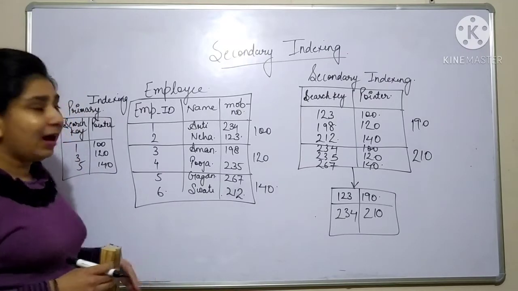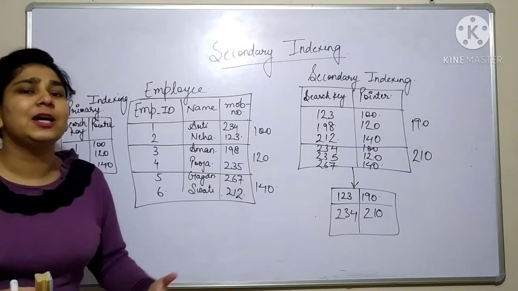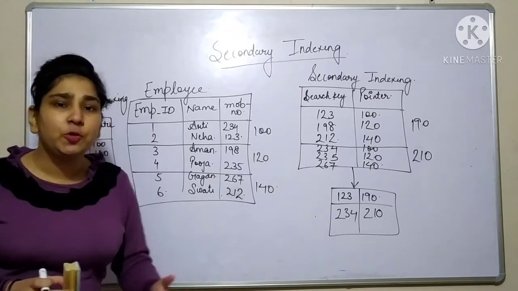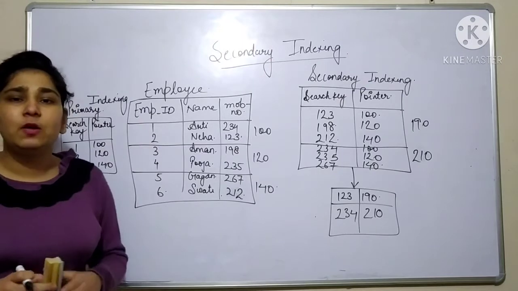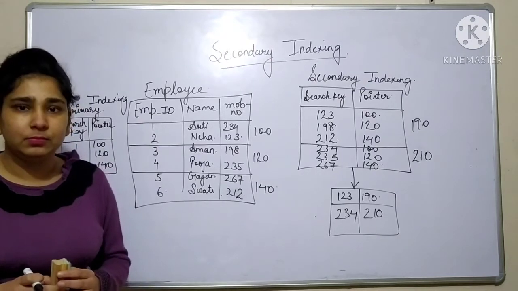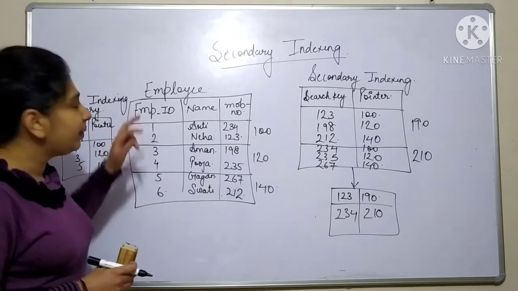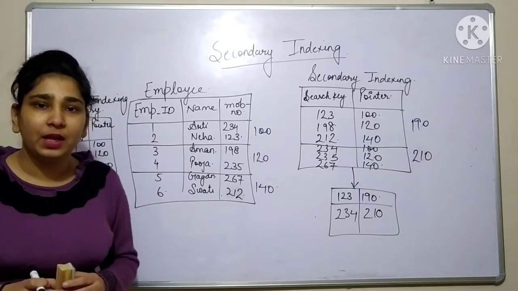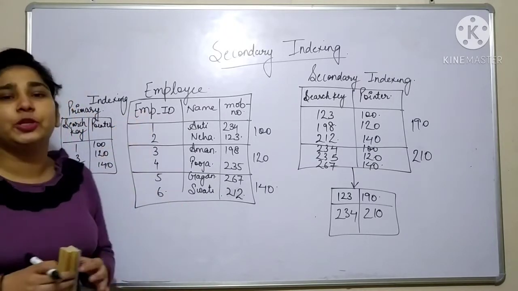So how is the user performing the search operation? The user is performing the search operation on the basis of employee ID. So we will be performing indexing on the employee ID because this is our search key.